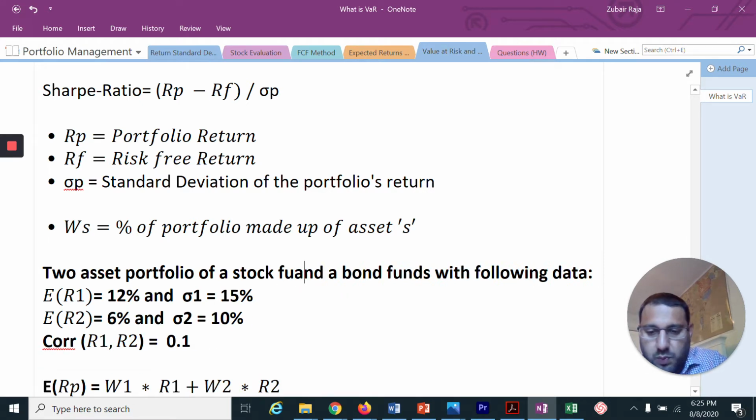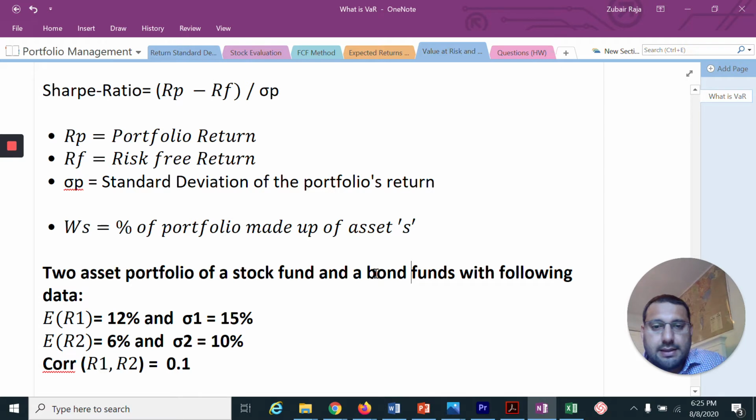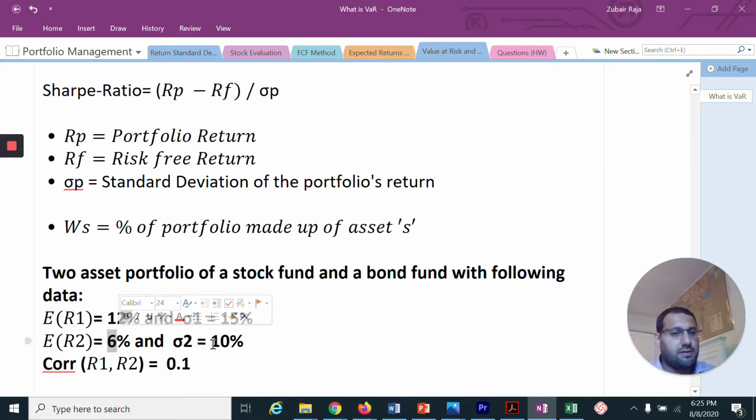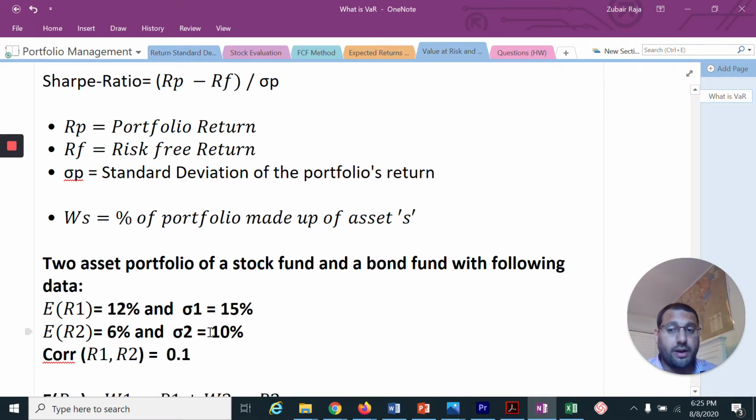The expected return on the bond fund is 6% and its standard deviation is 10%, and the correlation between the returns of these two funds is 0.1.